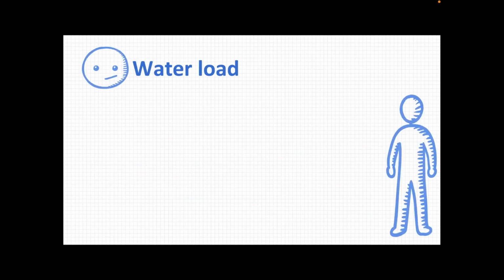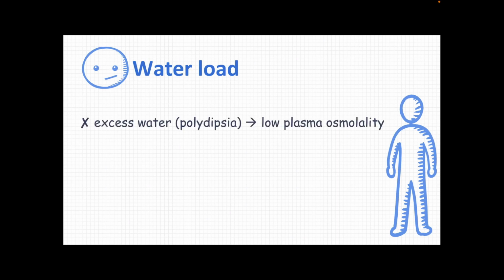Now, what will happen if we have excess water load or what we call polydipsia? That condition will decrease the plasma osmolality. That means the number of solutes present in our blood is relatively lower because we have excess water. So our hypothalamus will not activate thirst sensation and ADH production. Both processes are suppressed.